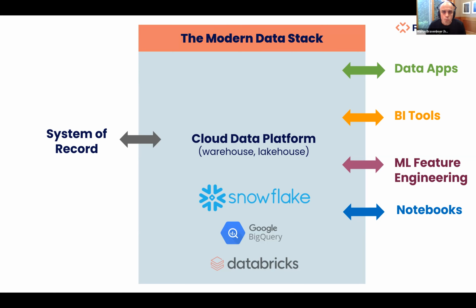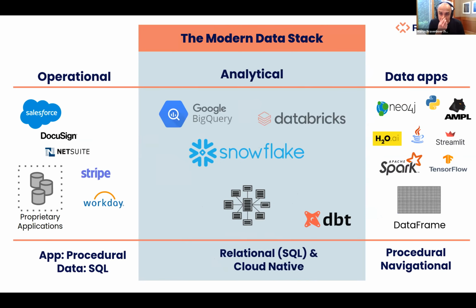The cloud data platform vendors do not typically claim to support the workloads of graph analytics, reasoning, complex business logic, machine learning, and optimization. Data apps that use that kind of functionality require you to go into some other system, often procedural, navigational, or tensor-based, like in the machine learning world, to build models and applications.